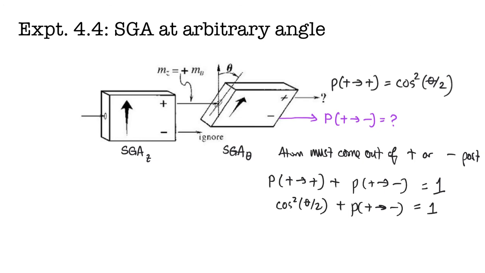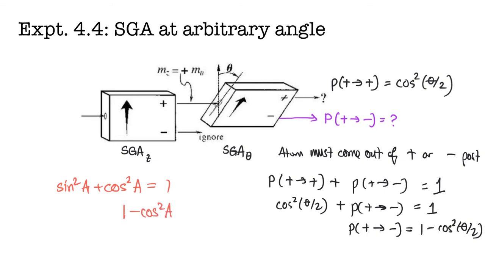So we can solve for the plus-to-minus probability, and that's 1 minus cosine squared of theta over 2. But remember that if you have sine squared of something plus cosine squared of something, you always get 1. So 1 minus the cosine squared of an angle is equal to the sine squared of that angle. So we can replace this term with sine squared of theta over 2.